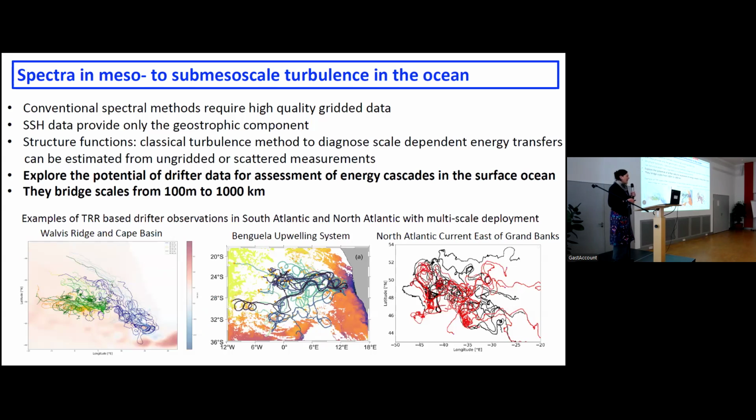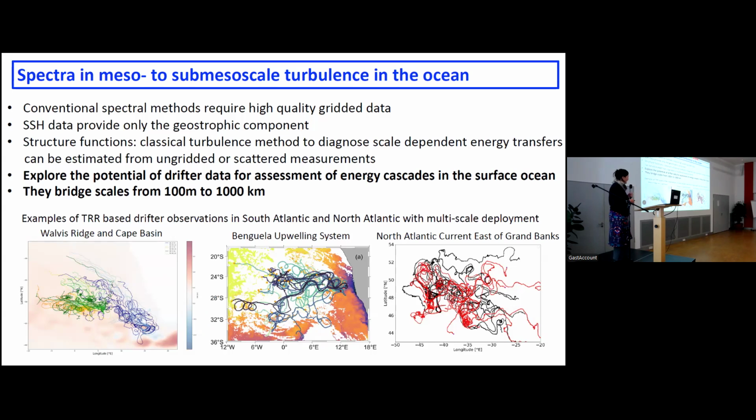Okay, so the difficulty, this is going to be about basically spectra and spectral fluxes and how to get information about this from observations in the ocean in the mixed layer. And so the conventional spectral methods usually really require high quality and usually gridded data.